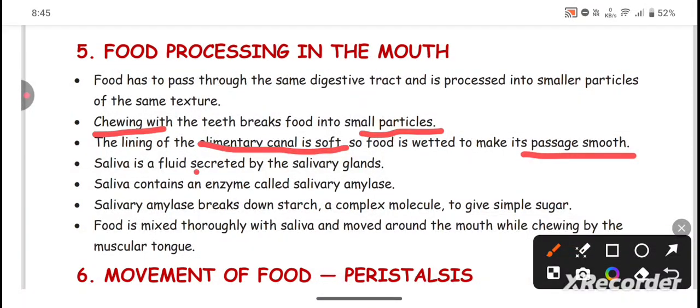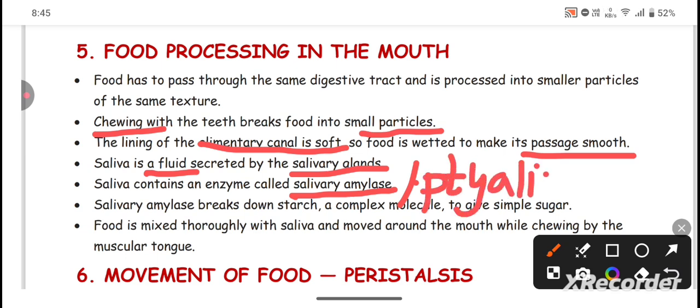Saliva is a fluid secreted by the glands called salivary glands, and saliva contains an enzyme called salivary amylase. The other name of salivary amylase is ptyalin. Salivary amylase breaks down starch, the carbohydrate part of the food.